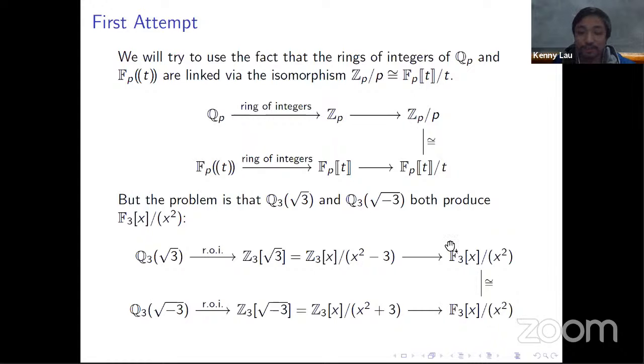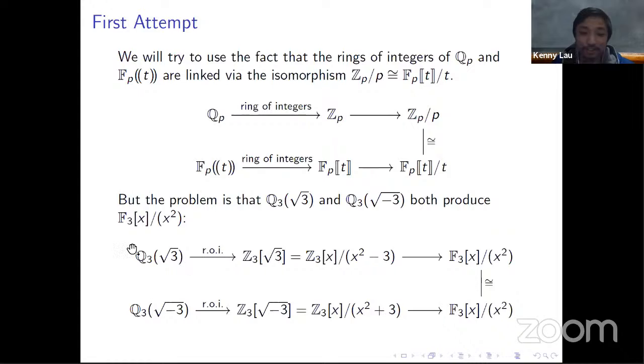Or you can even generalize this, because the only thing that makes this counterexample work is that this minimal polynomial is Eisenstein. If you give any Eisenstein polynomial and you reduce it, descending to F_p, it will just become x to the n.